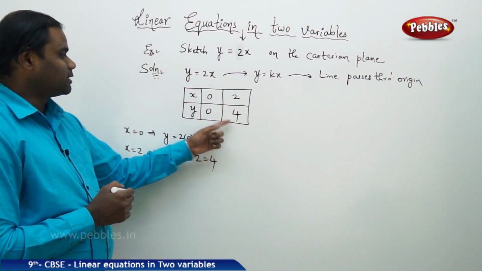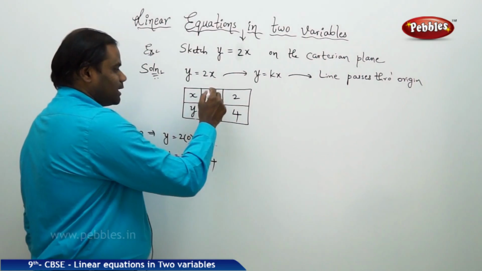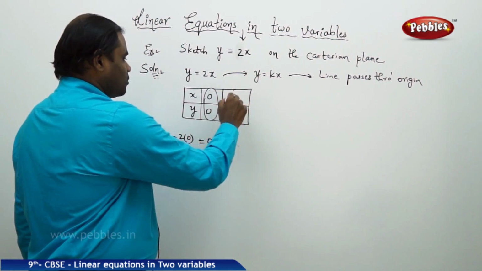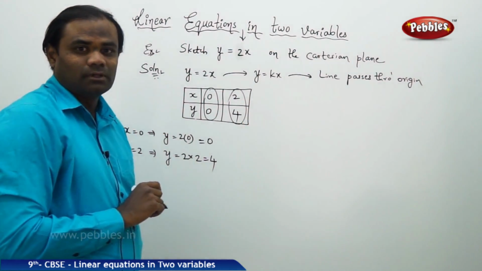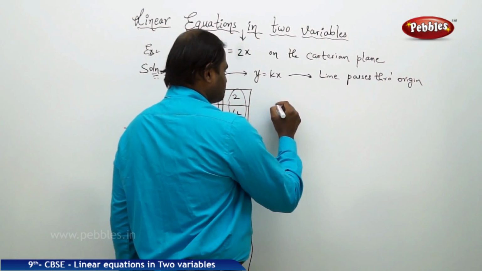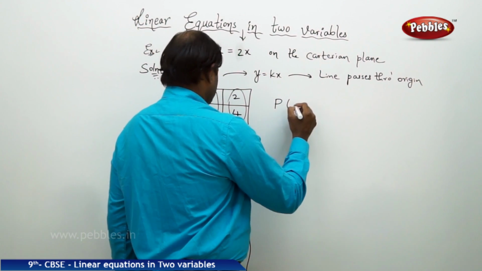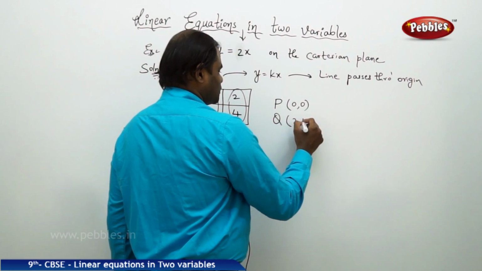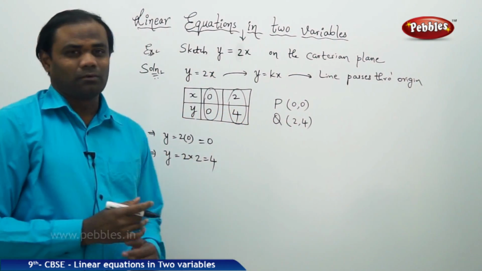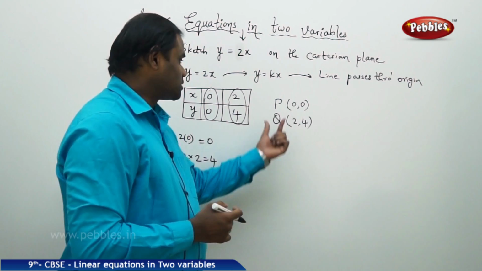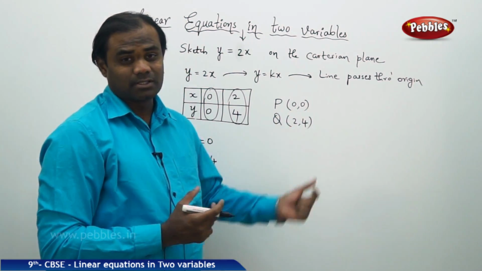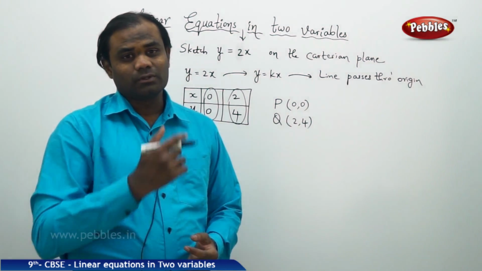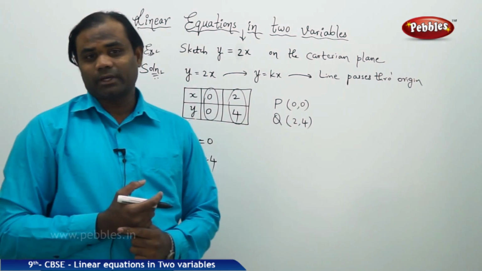Now I have 2 points: P which is (0, 0), that is the origin, and Q which is (2, 4). Both pass through the given line y equals 2x.